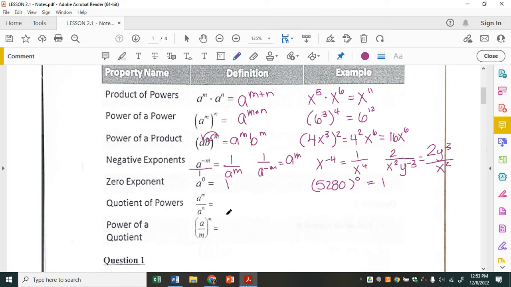The quotient of powers. If I'm dividing and I wanted to simplify it, what do you think we would do between these exponents? Combine them. How do we combine them? We already multiplied them. I don't want to divide them. Subtract. We subtract the exponents there.